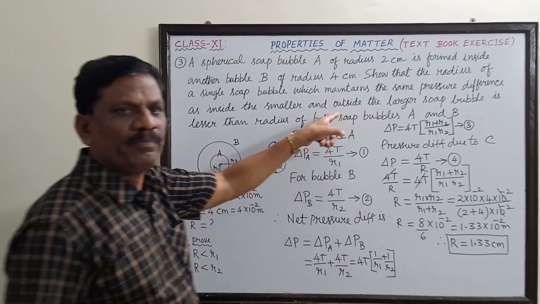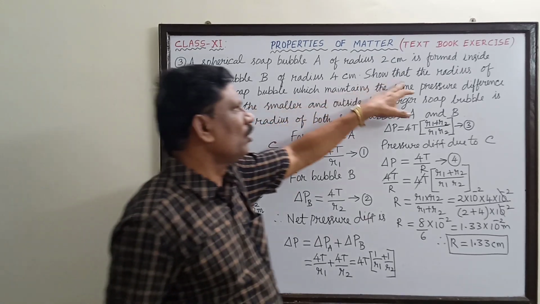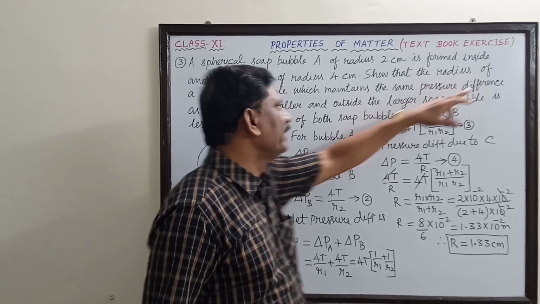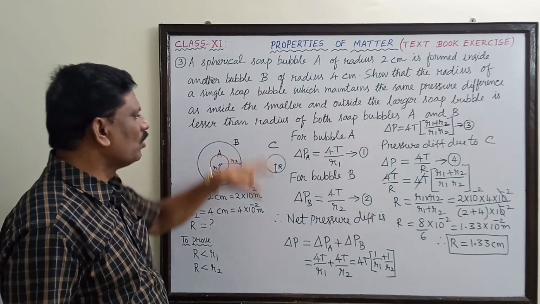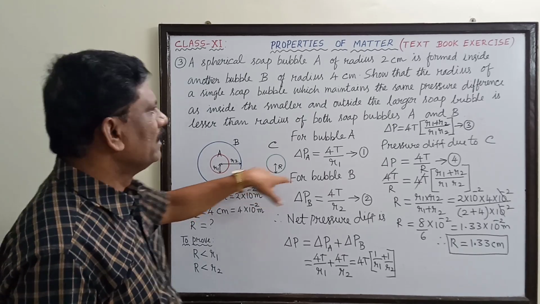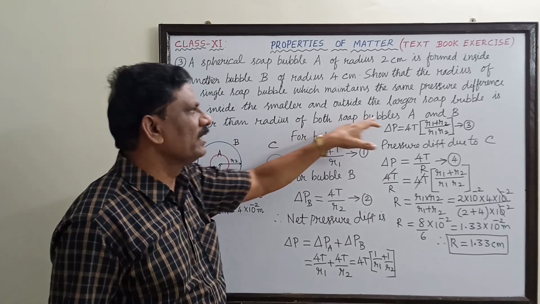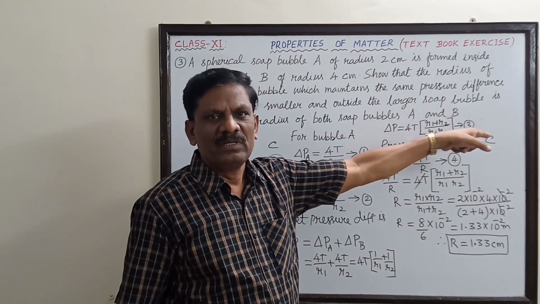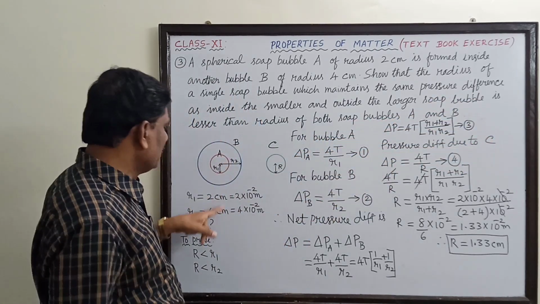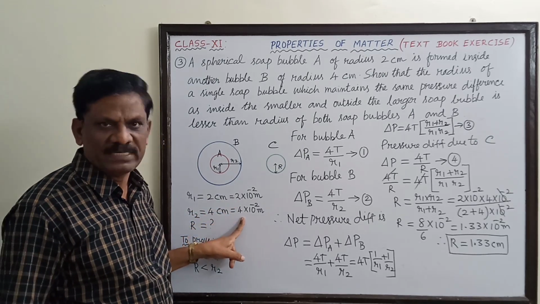Now what is to be proved here? We have to show that the radius of a single soap bubble is less than the radius of both the soap bubbles A and B. The radius of bubble A is 2 centimeter and the radius of bubble B is 4 centimeter.